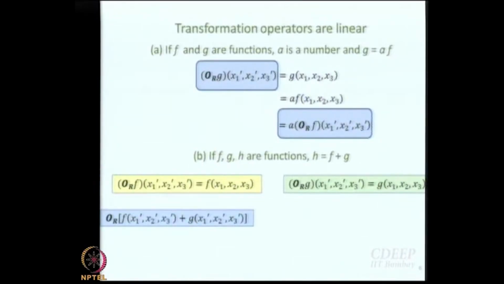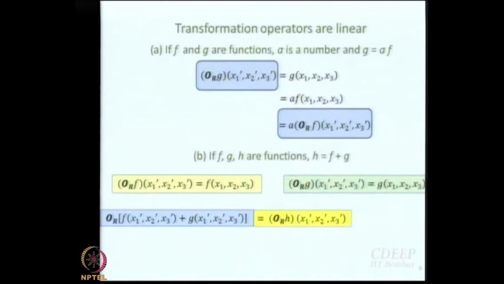So, now what do I want to see? I want to see whether OR of F plus G is equal to OR F plus OR G, right. So, let me write like this. Is this okay? OR H in transformed coordinates should be equal to H in the original coordinates. What is H?